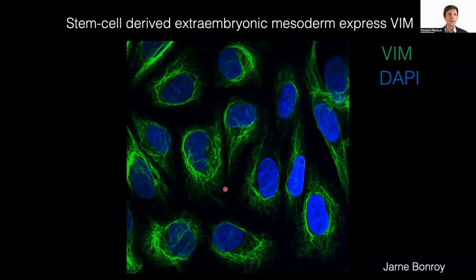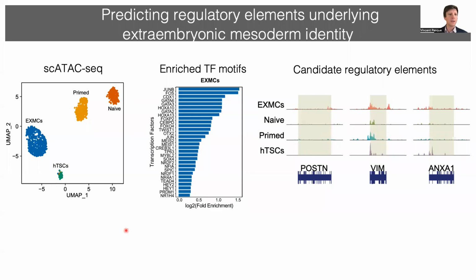What we found is that the cells we make in vitro do express the right genes, including VIM. We comprehensively characterized the cells, and we also determined the chromatin activity landscape using single-cell ATAC-seq. So we can predict enriched transcription factor motifs and predict a key regulator of cell identity that might drive the extraembryonic mesoderm program in the embryo.